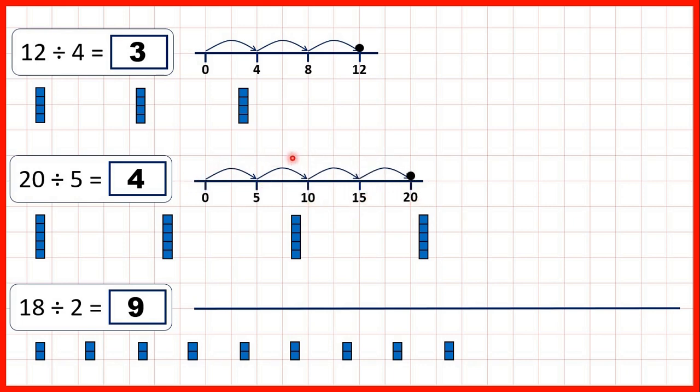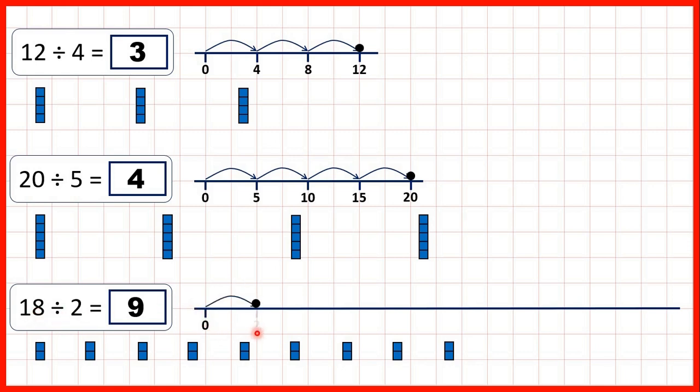So altogether we've made 4 jumps of 5 to get to 20, so that's why our answer is 4. 20 divided by 5 is 4 because 4 times 5 is 20. And then we had 18 divided by 2, and what we can do is count in steps of 2 until we get to 18.